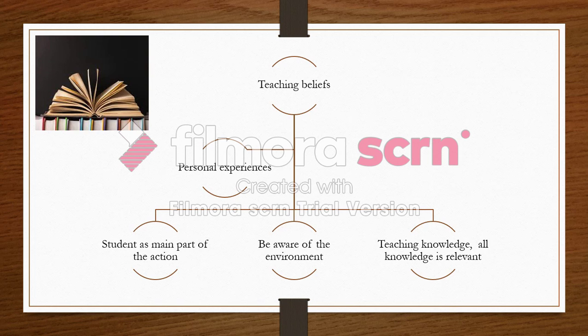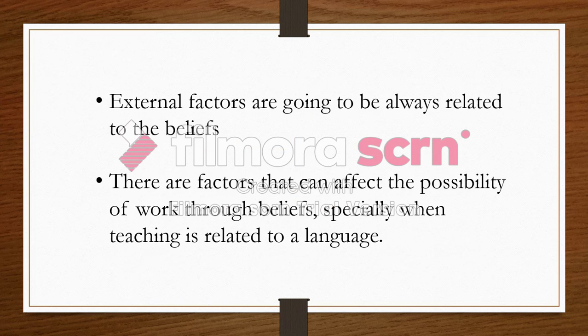External factors are always going to be related to the beliefs. There are factors that can affect the possibility of working through beliefs, especially when teaching is related to a language or to English. There are so many beliefs about the better way to teach English, but this could be something that a teacher can use for the classroom, and this could be good for them.